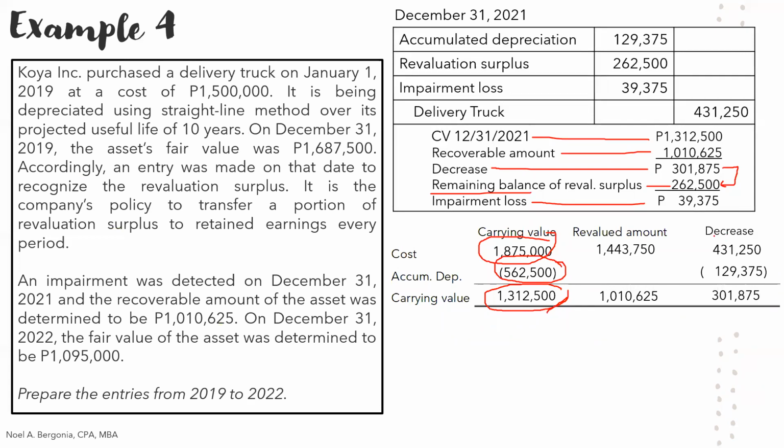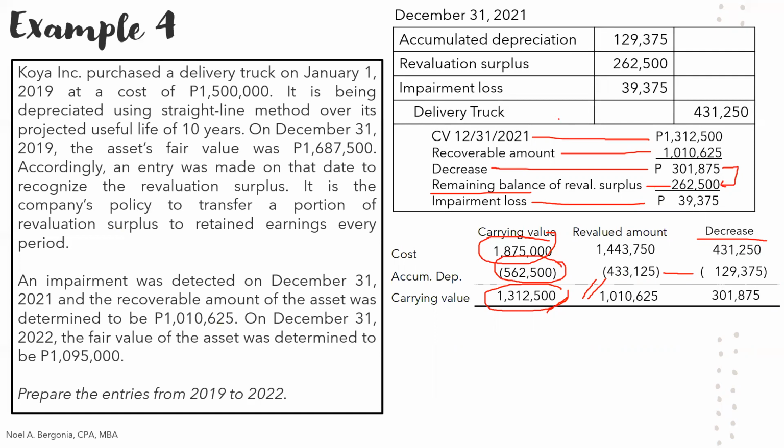Okay? So the new revalued amount column would be 1,443,750 for the costs dahil decrease yun ha, kaya nakabawas. Then, as to the accumulated depreciation, it is now 443,125, which will give us the revalued amount or recoverable amount na 1,010,625. Okay?